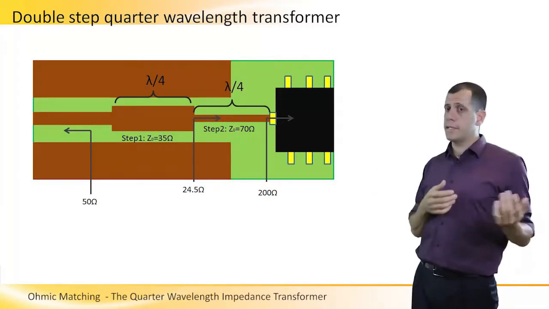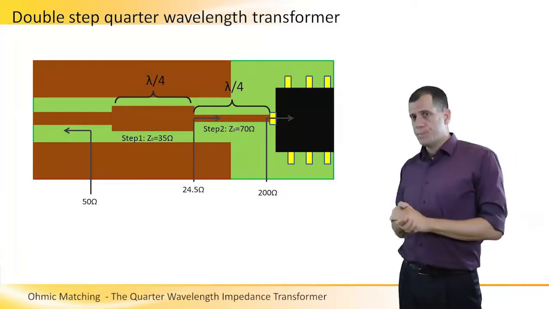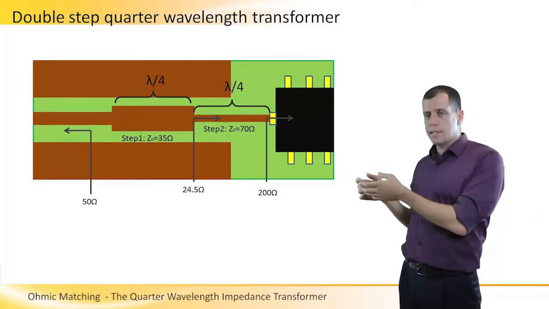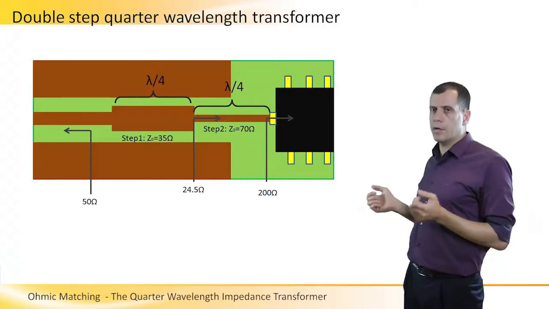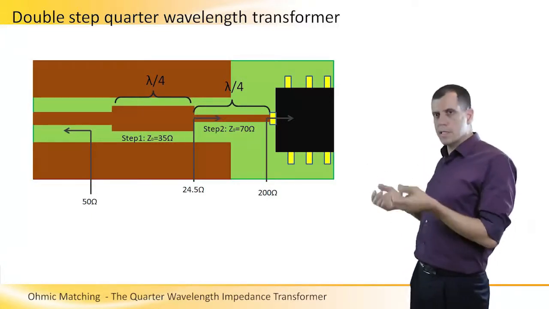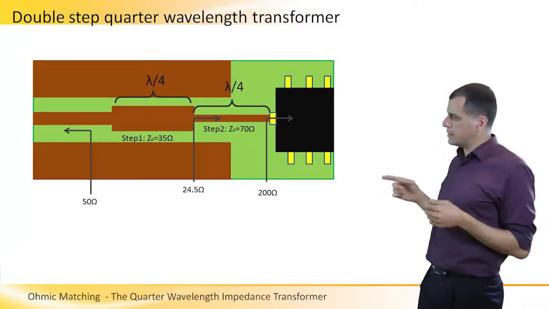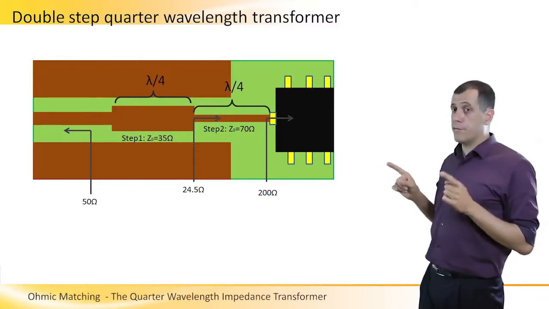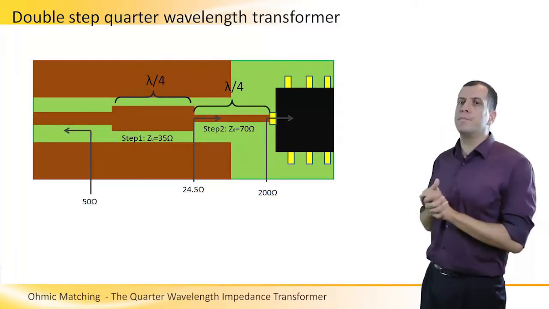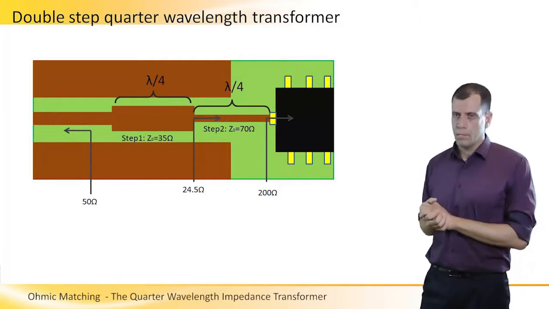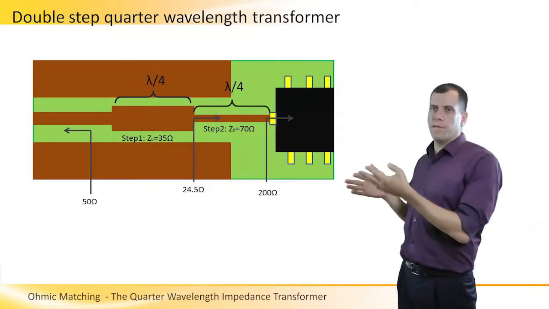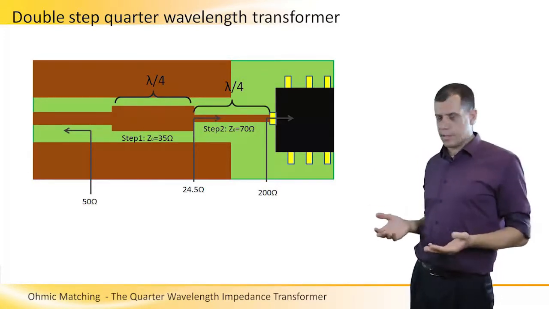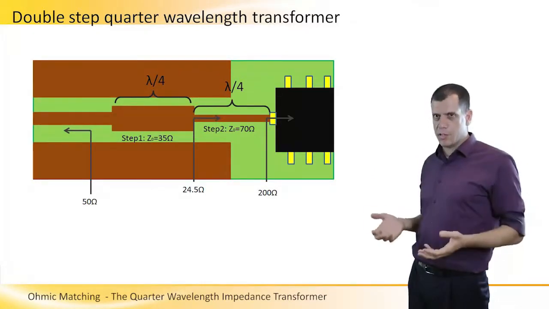Again, we are using the same formula that we have seen before, that the Z of the matching part is the square root of the multiplication between the input and the output impedance. If we use this formula, in this case, we will see that the input impedance of the first part is 24.5 ohm.